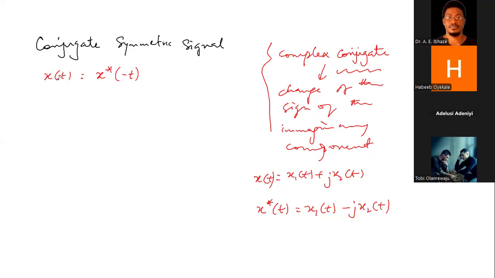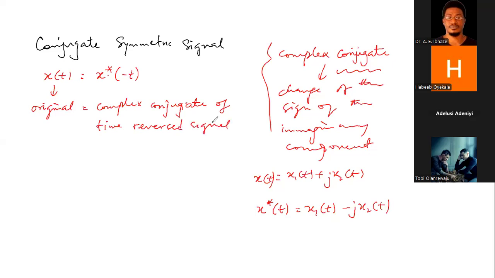So it means that the original signal is the same as the complex conjugate of the time reverse version of the original signal.